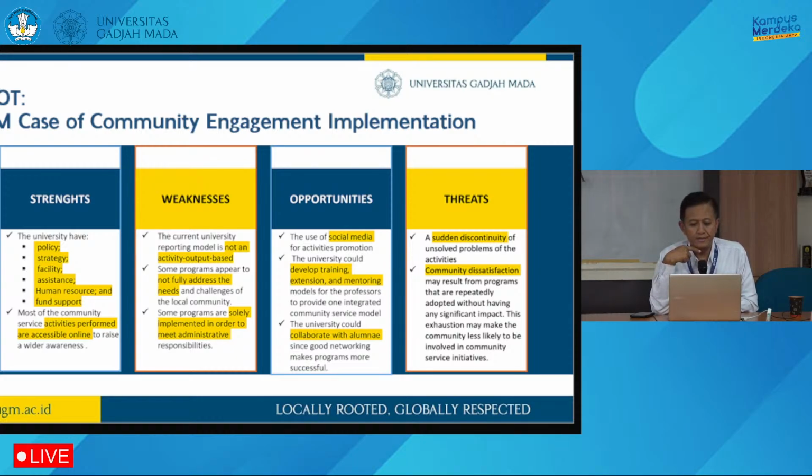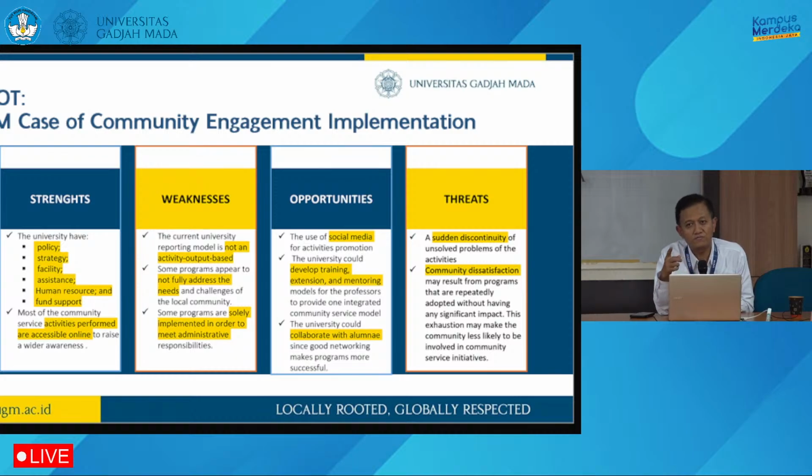And then, of course, there is the collaboration between a lot of stakeholders. Not only inside Indonesia, but also collaboration between universities in Indonesia and outside Indonesia, and possibly we are supported by local government or non-government organizations.